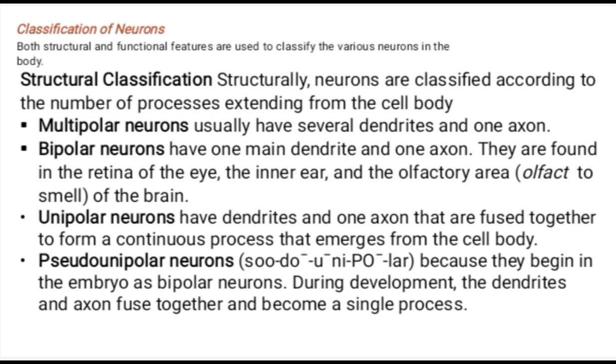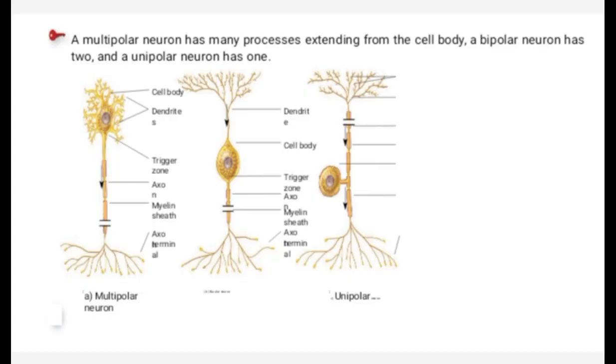During development, the dendrites and the axon fuse together and become a single process. So this is a picture of a multipolar neuron, which has many processes extending from the cell body. A bipolar neuron has two and a unipolar neuron has one.